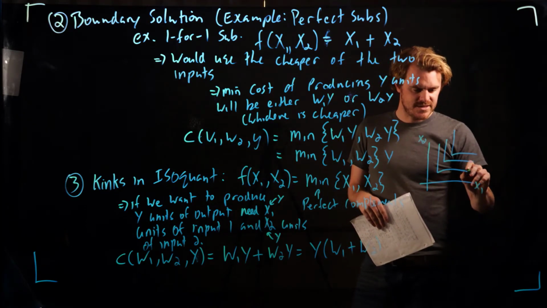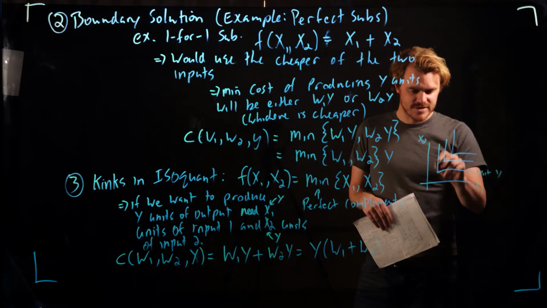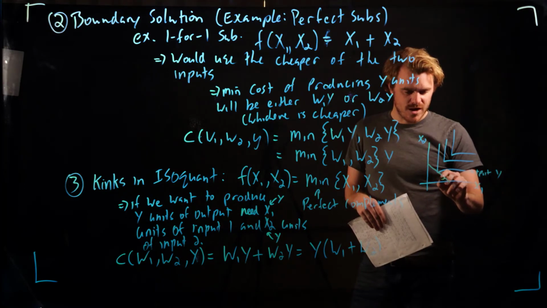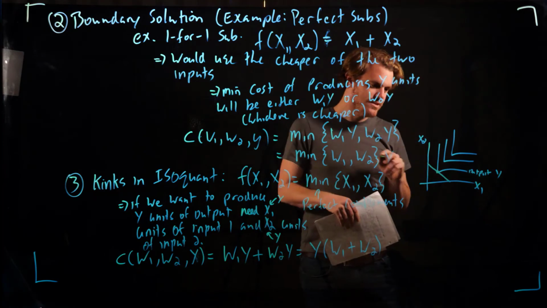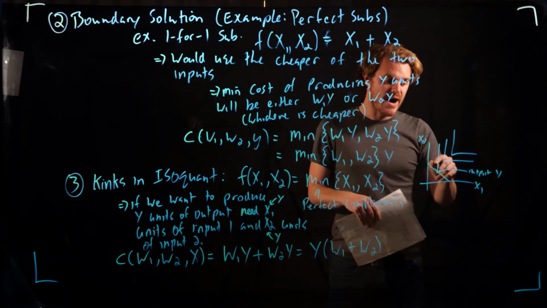So let's say this is output y, some general output y here for this isoquant. We're trying to figure out the isocost line that just touches that isoquant for general y we're trying to solve.